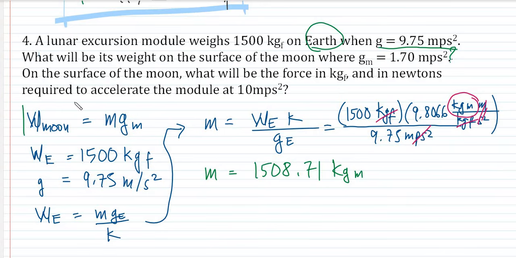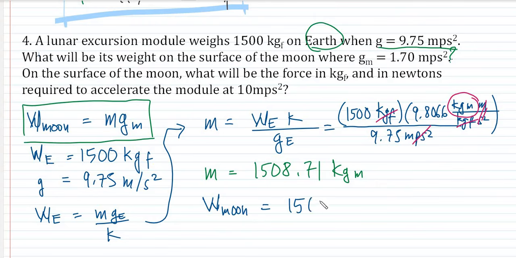So we go ahead with this equation. The weight of our LEM on the moon is equal to mass, so mass is 1,508.71 kilogram mass times g, which is 1.70 meters per second square.